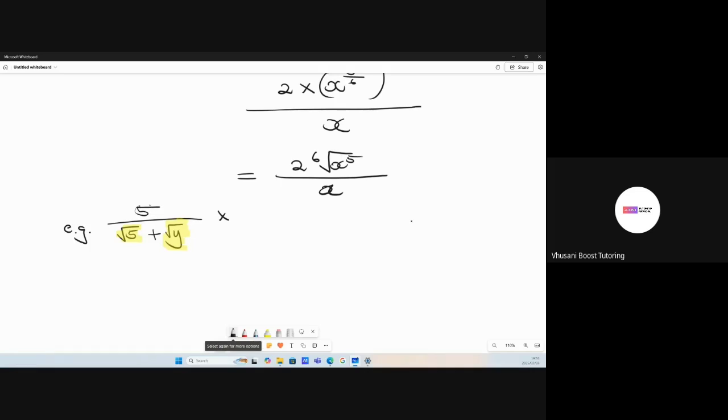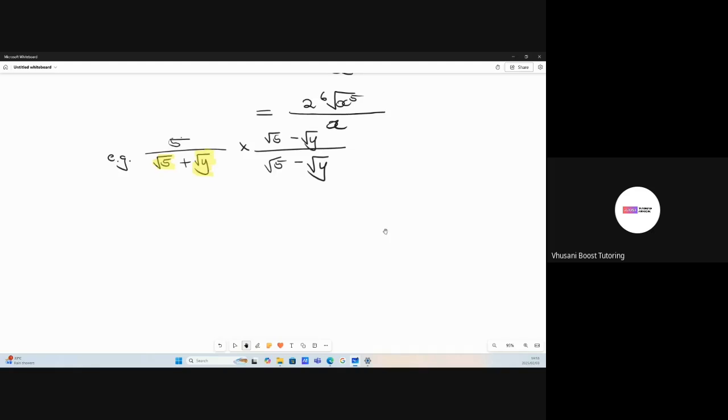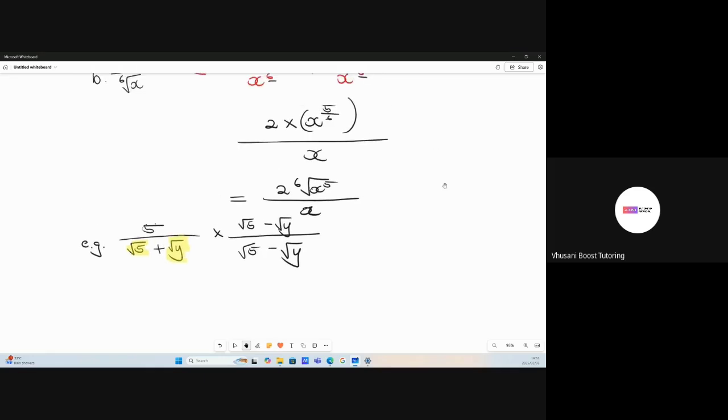So you will basically have the square root of 5 minus the square root of y, divided by the square root of 5 minus the square root of y. And then you see that they will cancel out. Are you okay with this? Yes, thank you, I get it. Okay, perfect. So please, guys, don't think too much about it. If you just stick to what I just taught you guys, I'm telling you, you're definitely going to get full marks for this, all right?